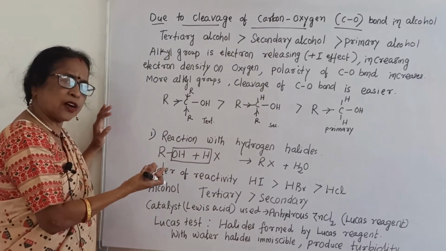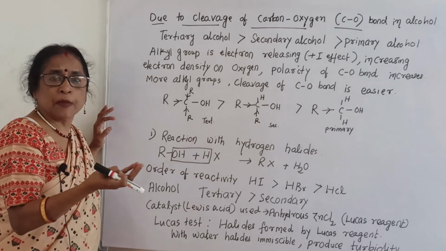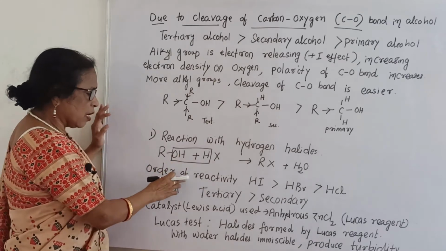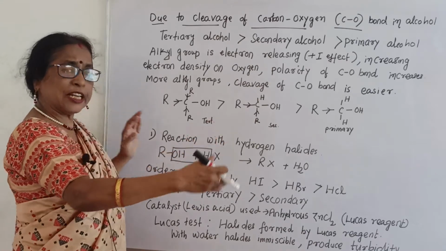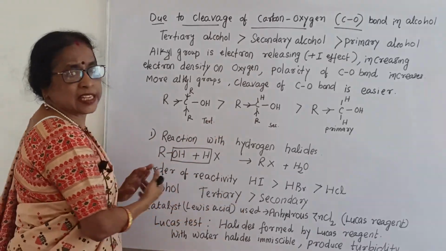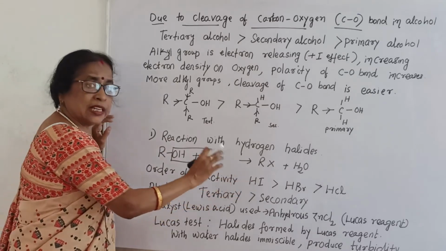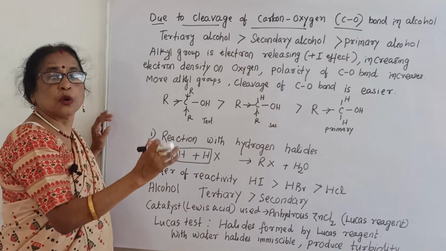Then the order of reactivity, because you know halogen acids are of many types. You may use chlorine, you may use bromine, iodine. Now the order of reactivity: HI is more reactive than HBr, then HCl. Then the question is why? Because the size of iodine is larger than bromine, then chlorine.